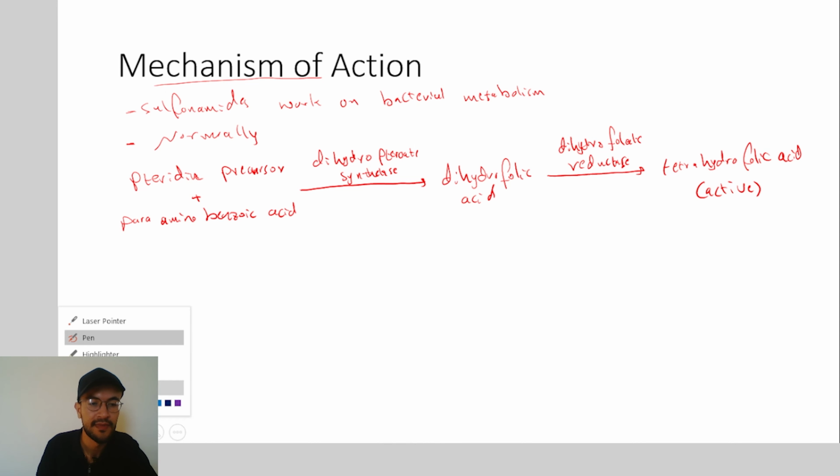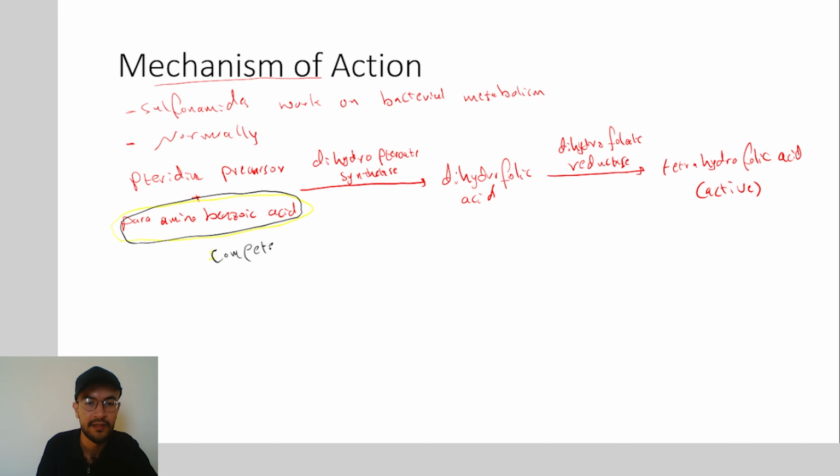So the sulfonamides, they compete with the para-aminobenzoic acid. So sulfonamides would compete with the para-aminobenzoic acid.